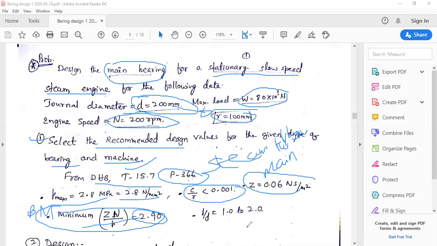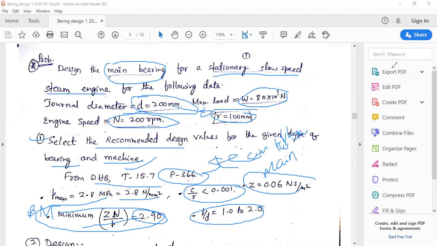This is the minimum value. If you calculate the value of Zn by P, that should be more than 2.9 to say that thick film formation is possible by using the recommended oil. And L by D ratio is also given here as 1 to 2. So this is the information that is given.